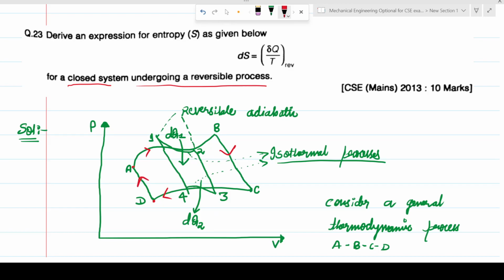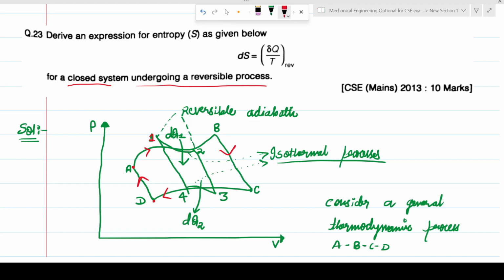And in this, A to B and C to D are both isothermal processes, not A to B, C to D. Actually, any reversible cycle can be shown using two isothermal processes and two reversible adiabatic processes. So instead of this whole cycle, we generally make this cycle made up of many different cycles.